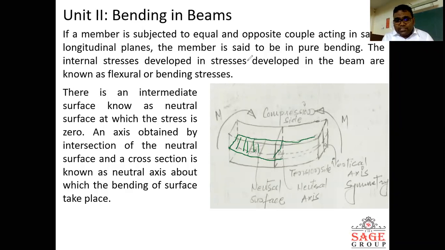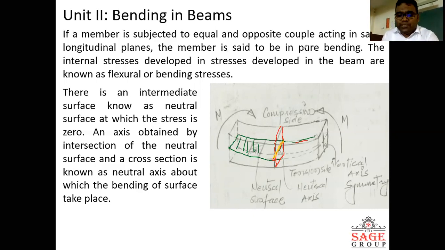This is the cross-section of the beam, and this element is the neutral surface. Where the cross-section and neutral surface intersect, this line is called the neutral axis, about which the bending of the surface takes place.